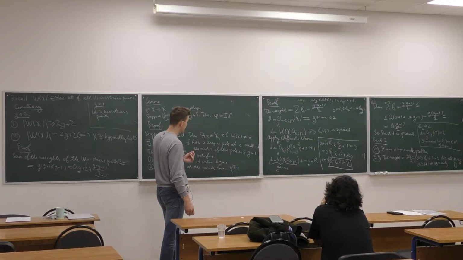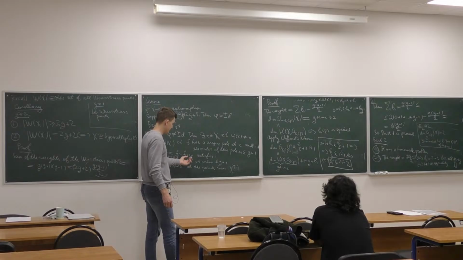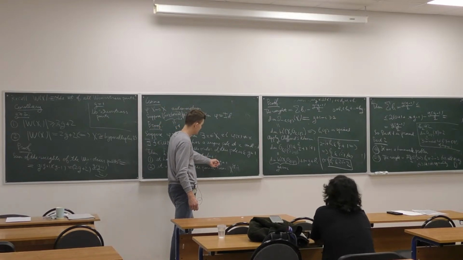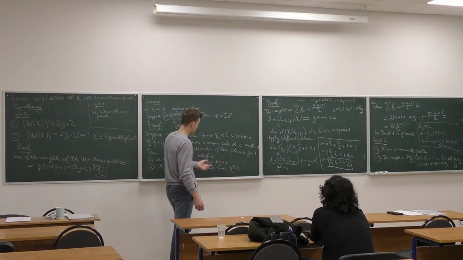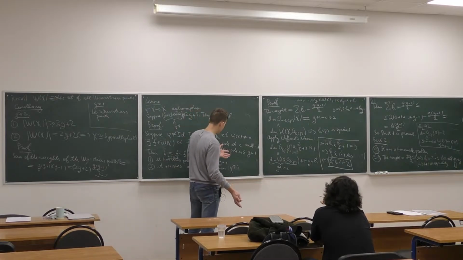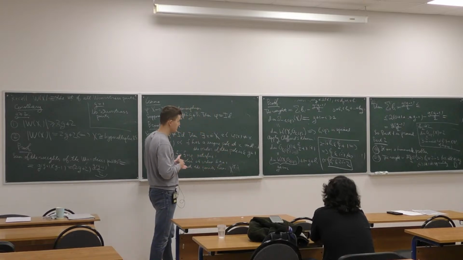So the sum of the orders of the zeros is at least 2g plus 3. But then we know by construction that it has exactly two poles of order less or equal to g plus 1. So the sum of the orders of the poles is less or equal to 2g plus 2. The order of zeros is greater or equal than 2g plus 3, and the order of poles is less or equal to 2g plus 2. But they should be equal.